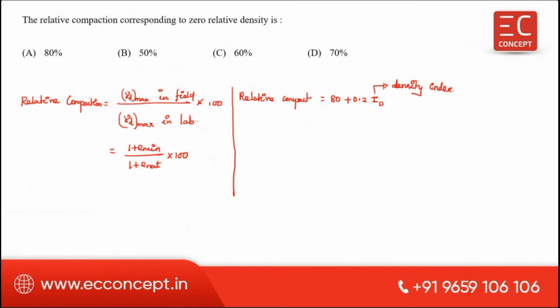Now zero relative density or density index. If you plug in 80 plus 0.2 into 0, the answer is 80%. So A is the answer. I hope you understood.